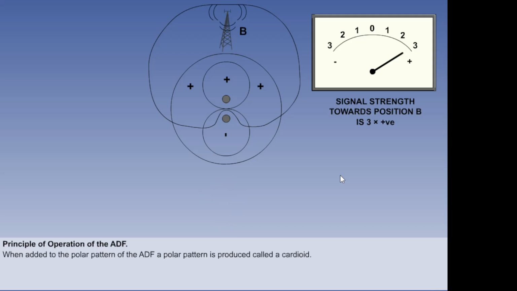If the transmitter were in position B, the reverse would be true. Thus, if anti-clockwise rotation produces a stronger signal, the bearing is correct. However, if it produces a weaker signal, the bearing is a reciprocal.